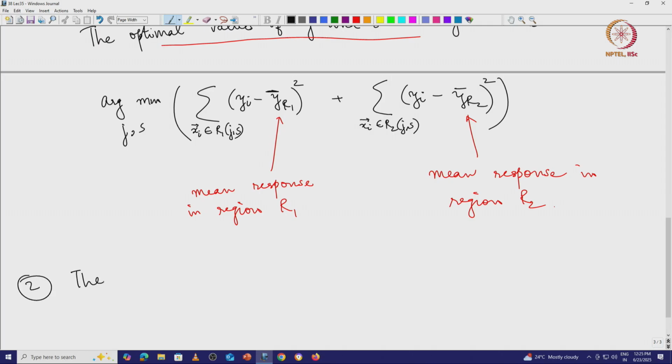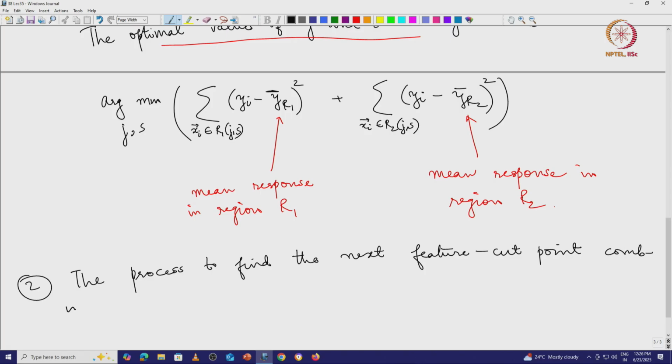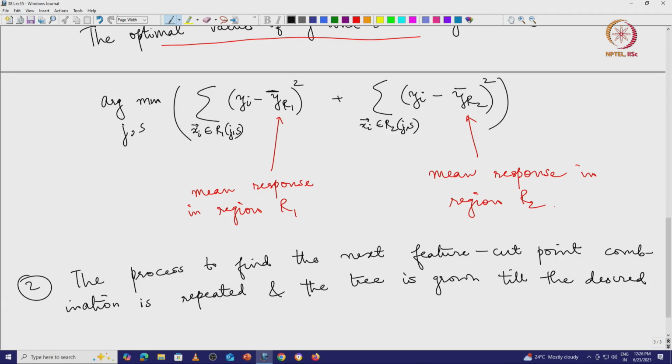So, the process to find the next feature cut point combination is repeated, and the tree is grown till the desired loss function value, for example SSE or MSE, the sum of squared errors or the mean squared error, is reached.